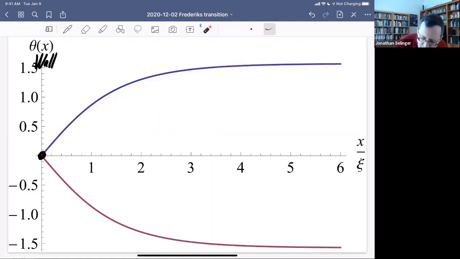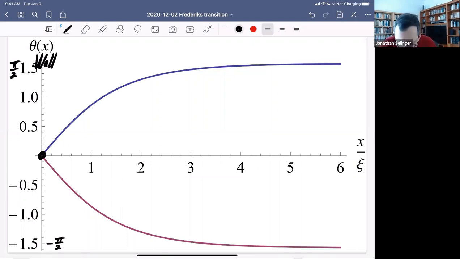It changes from an orientation of 0 up to pi over 2. Or it could twist in the other way. It could go down to negative pi over 2. So it is free to twist in either direction, but in either case, you see this kind of a variation.